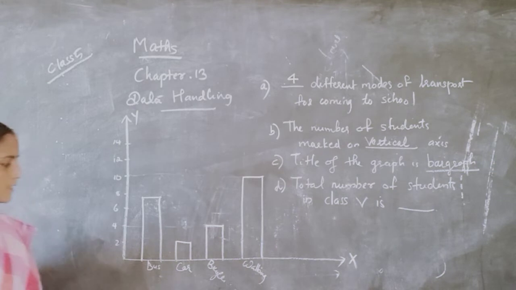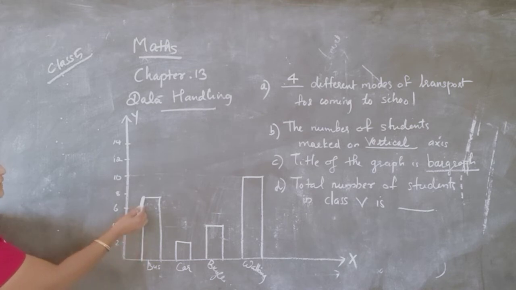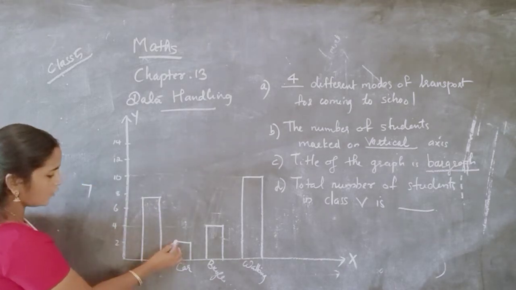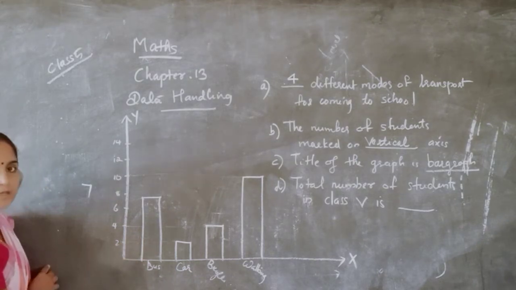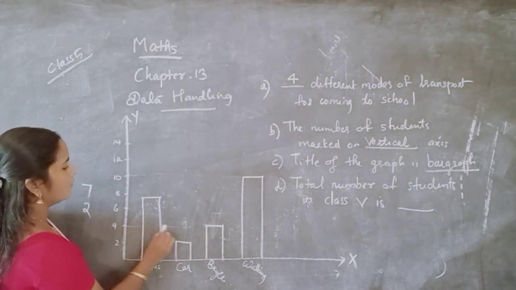Look here. By bus, how many students have come to school? It lies at the exact center of 6 and 8. That means 7 students. Then by car, 2 students. By bicycle, 4 students.